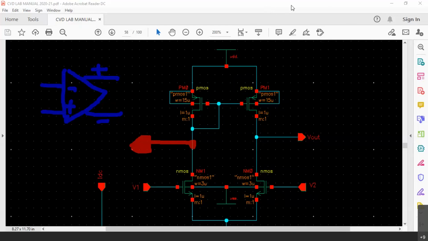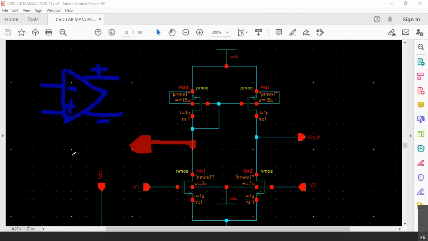Gain is double? No, gain will not be double. Gain is A into (V plus minus V minus), right? The difference between the two inputs is always what is amplified. That gain is fixed now. Gain depends on the dimensions of the devices here or on the current here. Gain of the total circuit is fixed.